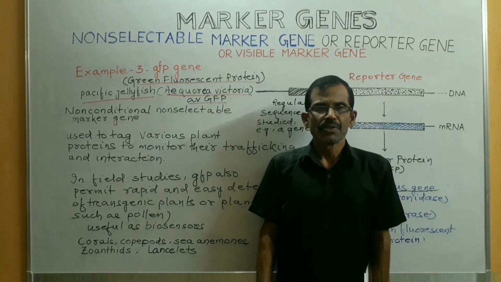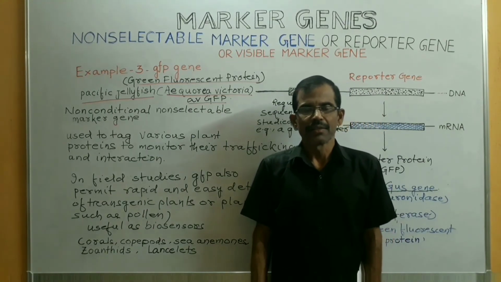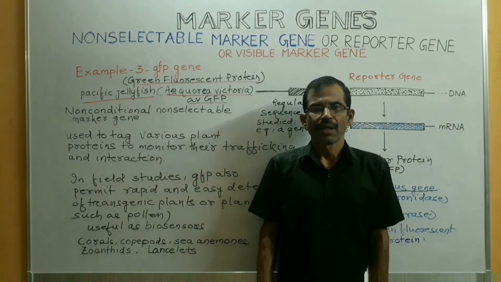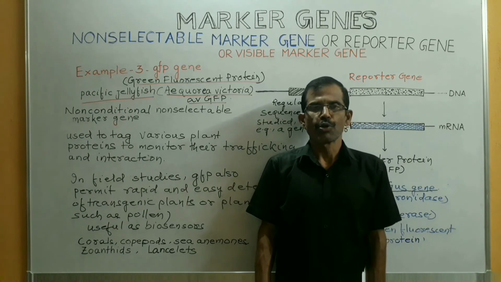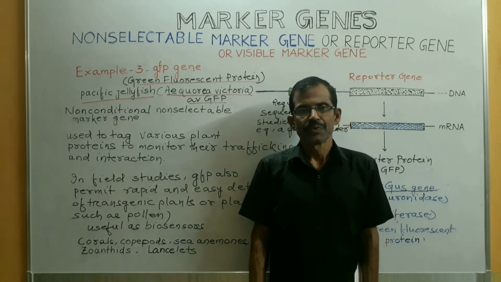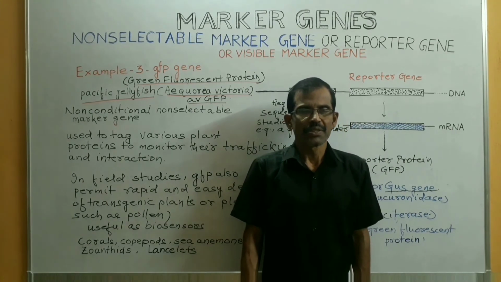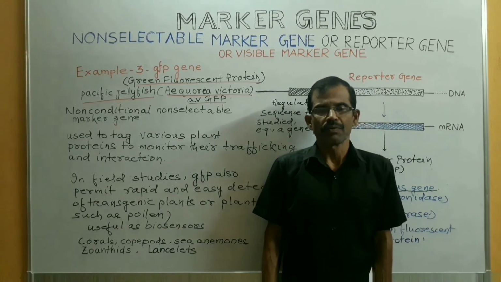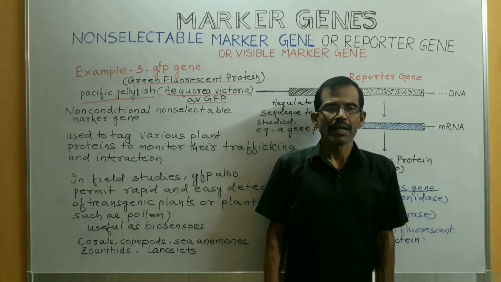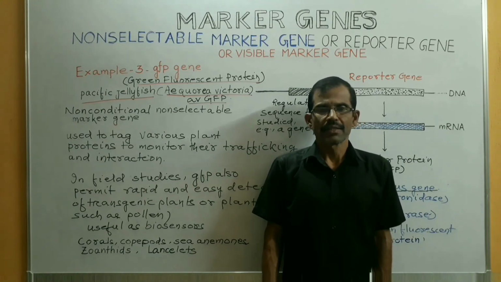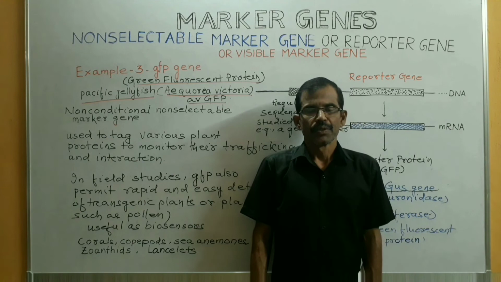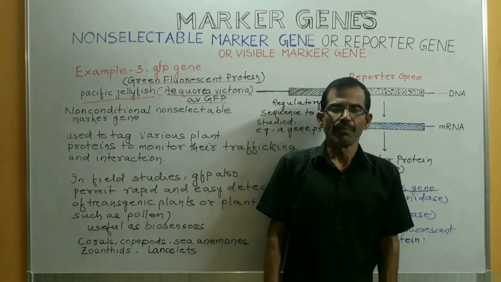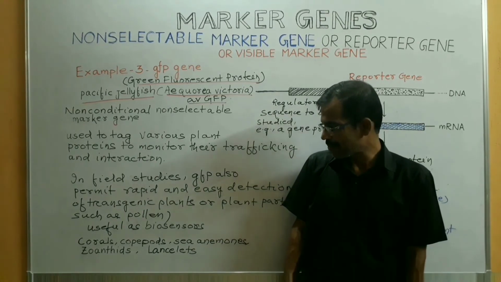The GFP gene is used to tag various plant genes in order to understand protein interaction and protein trafficking. The GFP gene system is also useful for easy detection of transgenic plants and plant parts such as pollen. GFP is also useful in modified form as a biosensor.